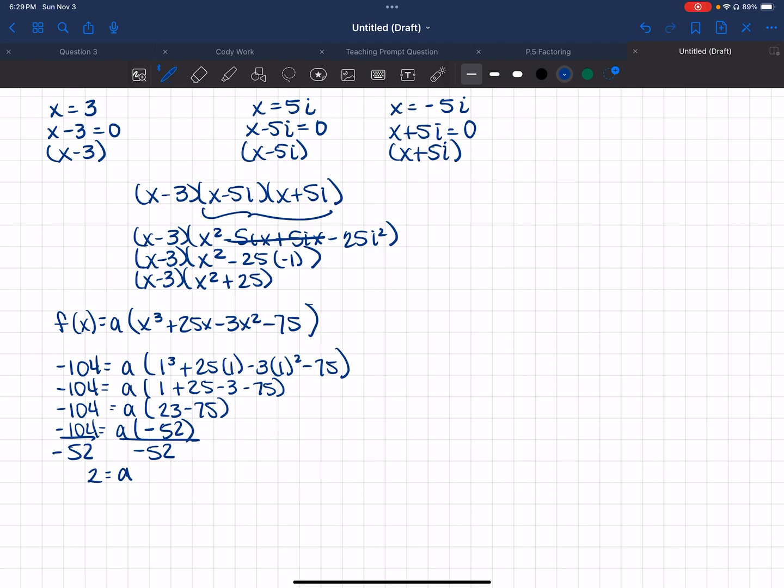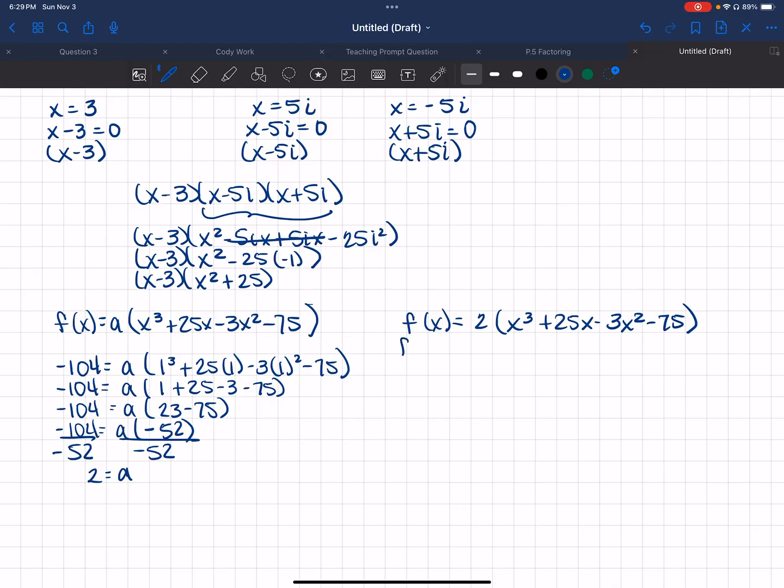All right, so that tells me that I have f of x equals, now remember, a was factored out all the way out here. That's 2 times x cubed plus 25x minus 3x squared minus 75. And yes, I'm going to need to write that a little nicer looking. You can tell that that's not in the correct order.